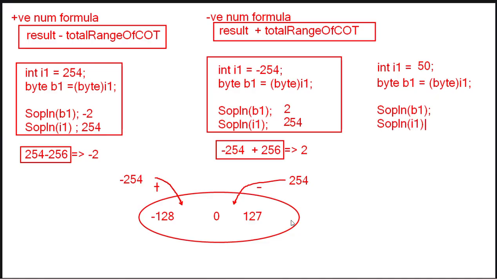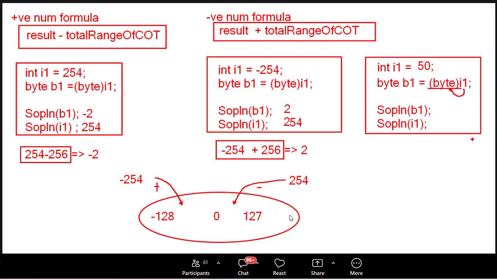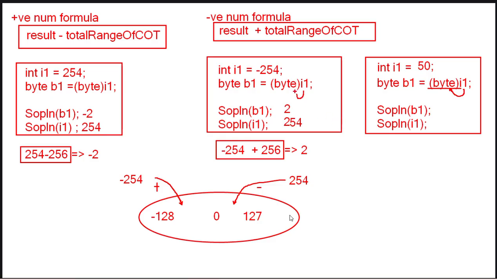Below here, is the formula applied or not applied? Not applied, because the value coming from I1 is in the range of byte. Where the value coming from I1 is not in the range of byte, here and here the formula is applied.